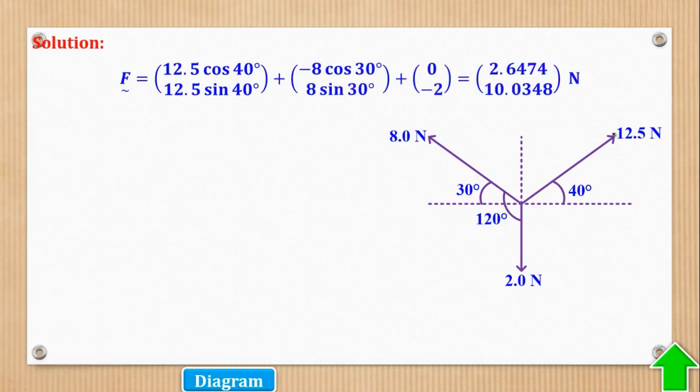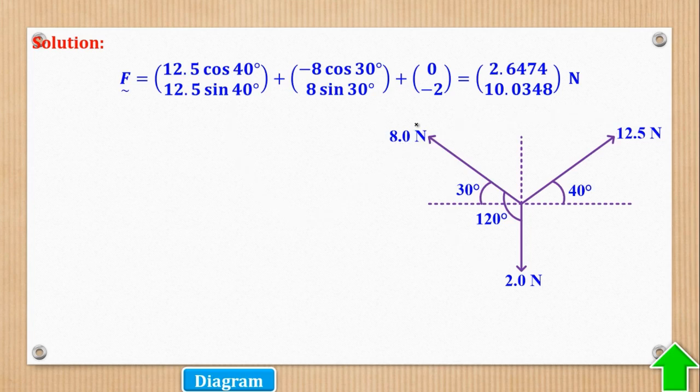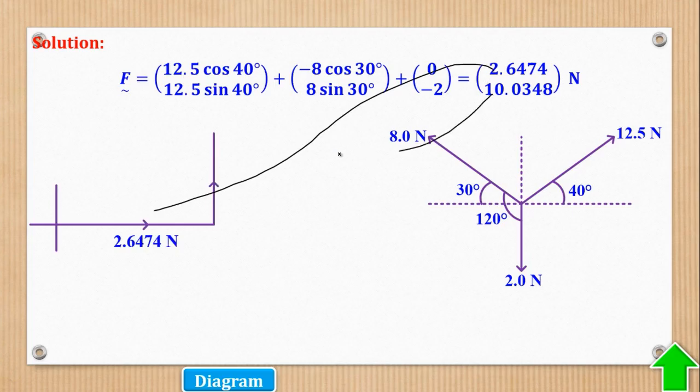So you shall come and resolve this. This gives that, this gives that, and this gives this. So on the add, we come up with this. Like I said, by now I believe you are well versed with resolving. So we shall draw positive horizontal and also positive vertical.